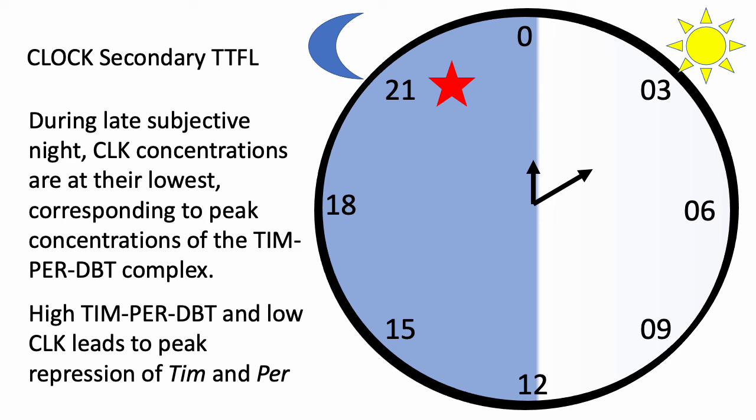So during this time, that complex is at high concentrations, which has a repressive effect on the transcription of timeless and period mRNA. And CLOCK is at its lowest, which has the same effect. It has a repressive effect on tim and per.